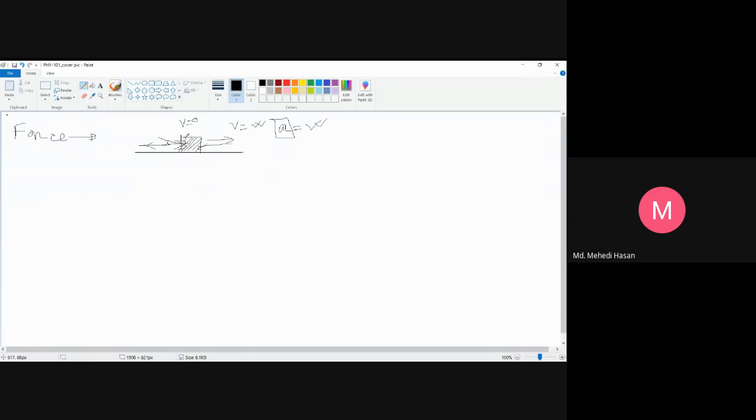So we need to produce a certain amount of force to move the object. The resistance which is produced due to applied force is called the inertia.